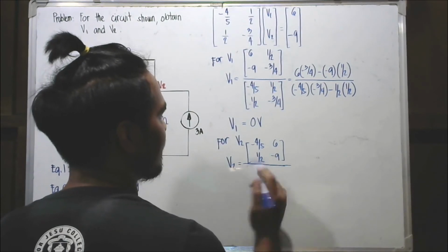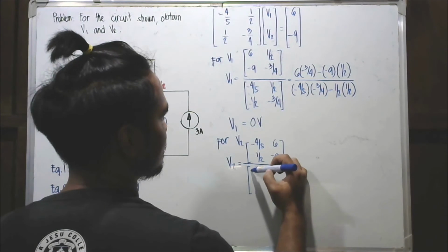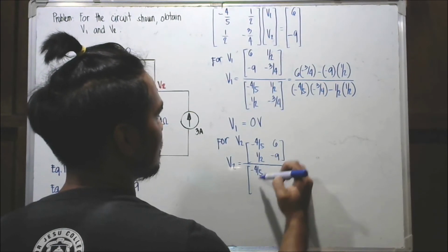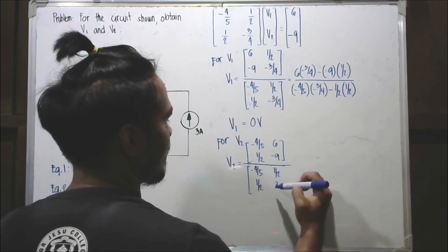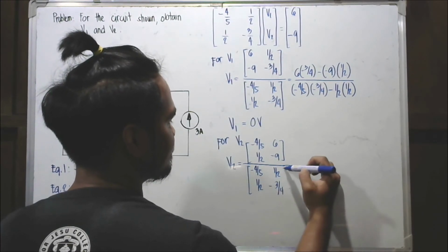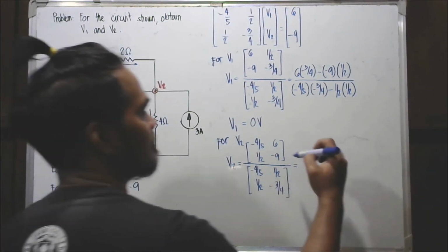Then divided by the same matrix, negative 4/5, 1 half, 1 half, negative 3/4. Then solve for its determinants.